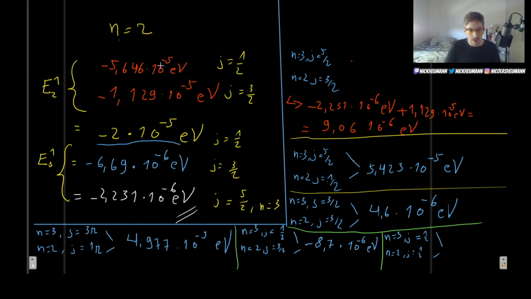So it's going to be minus 2 exponent minus 5 plus 5.646 exponent minus 5. And in this case, we get 3.646 times 10 to the minus 5 eV. All right, now we found every single energy level for each one of these transitions.